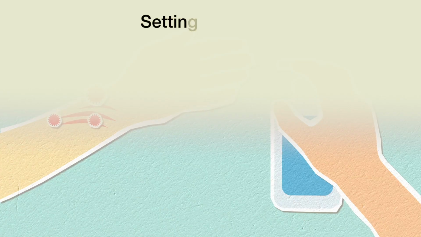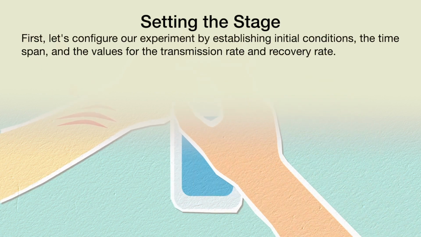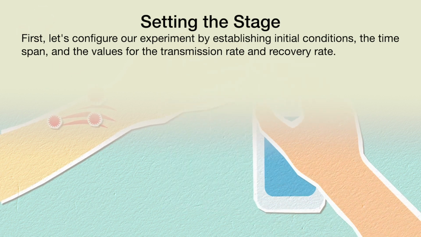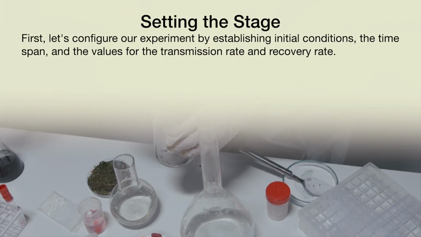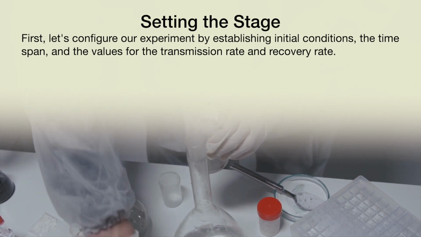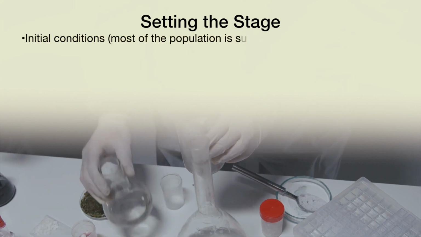Now, we are going to move ahead. In the next step, we are going to set the stage. So for this, let's set up our experiment for this infectious disease scenario. How do we set up this particular experiment? We'll use the next code of Python, that is, we'll first of all give the initial conditions.